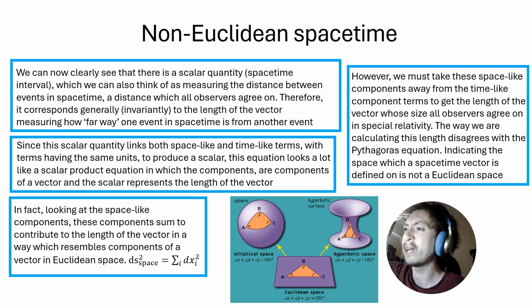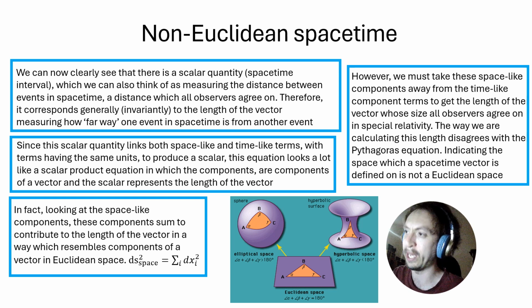However, when we found the space-time interval, so the length in four-dimensional space-time, we didn't add the time-like component of our vector in four dimensions to the space components, as we would if space-time had some kind of Euclidean geometry and therefore was obeying some kind of Pythagoras' theorem.